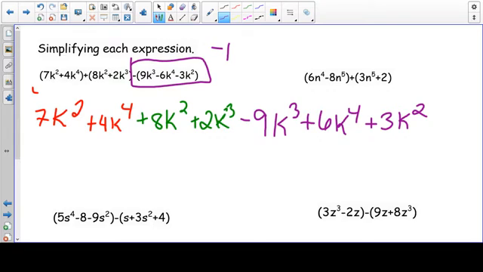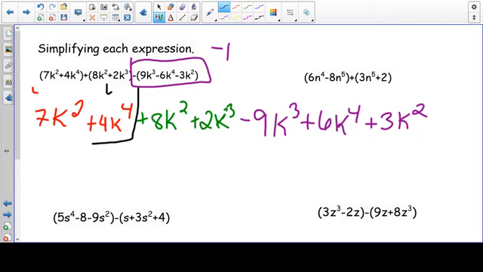Okay, so what I've done is gotten rid of all of my parentheses, so I've changed any signs that I need to. Next, I'm going to look for the terms with the exact same exponent, and I'm going to add the coefficients together. If you remember, we talked about doing it in descending order, so I want the biggest exponent first. I think the 4 exponent is my biggest one.